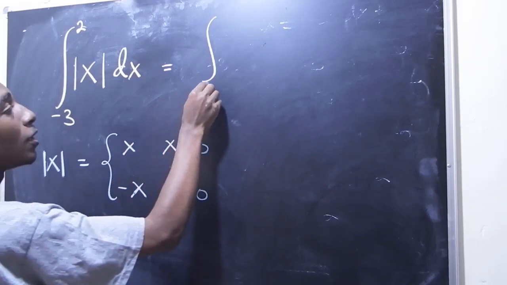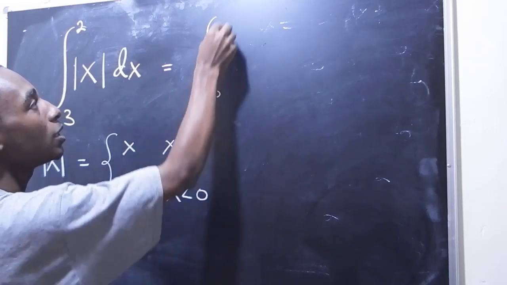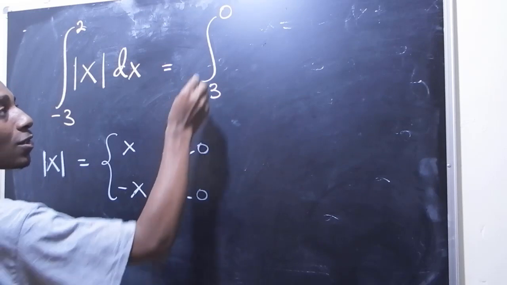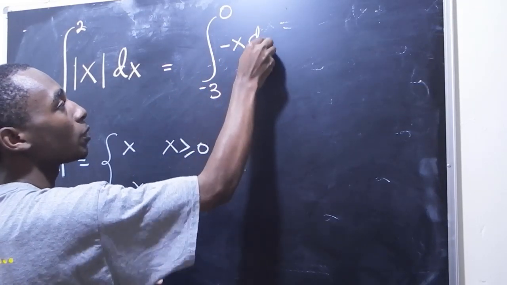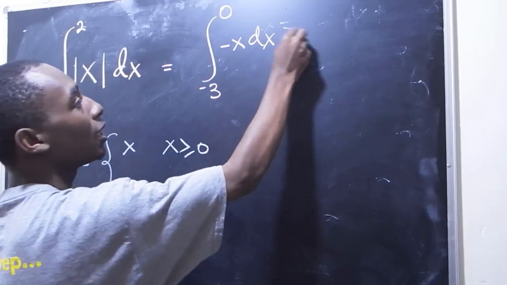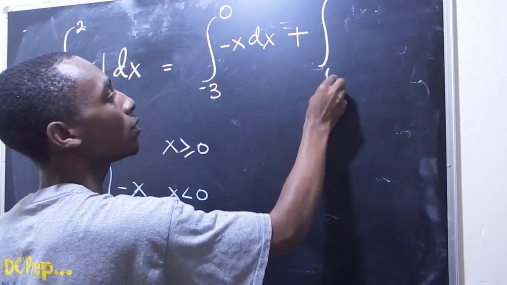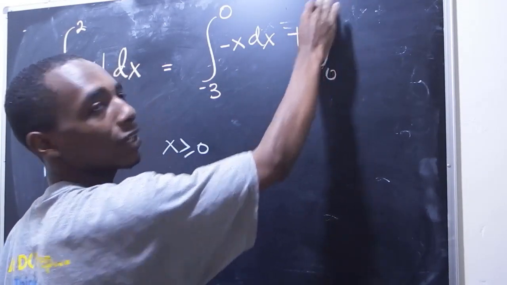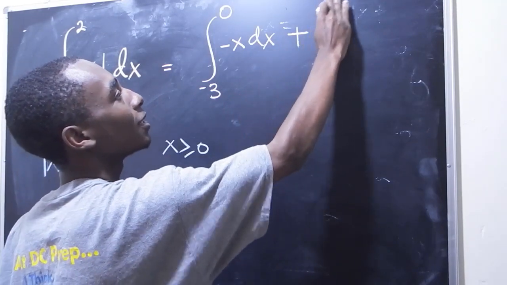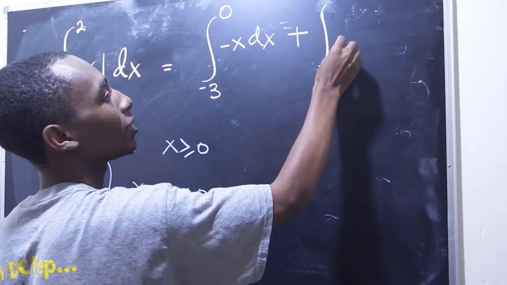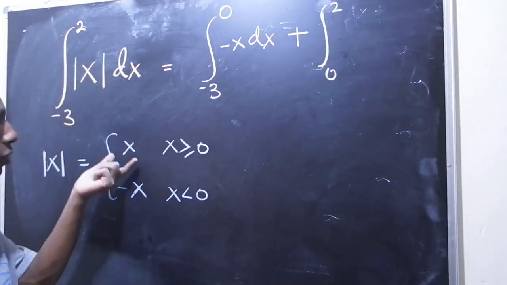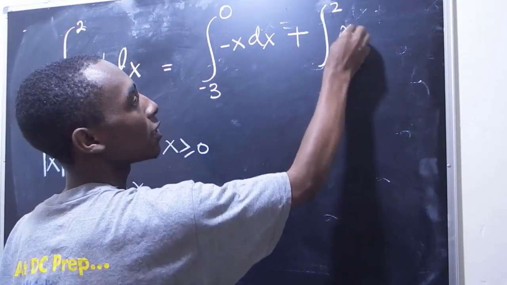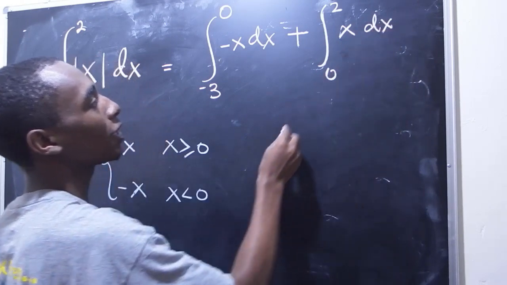Okay, so I have from -3 to 0, that's going to be defined by -x with respect to x, and then from 0 to +2, the function is defined by just x with respect to x.